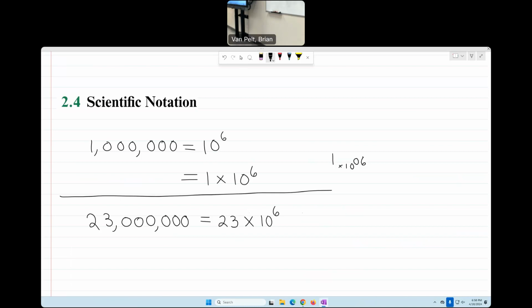This doesn't count as scientific notation. The way scientific notation works, it will only allow for 1 digit before the decimal. Is that how you want it? I'll show you what I want. I didn't make up this notation, so I don't have any kind of a feeling one way or another. So this answer is not considered scientific notation. Let me show you what is. This is considered scientific notation.